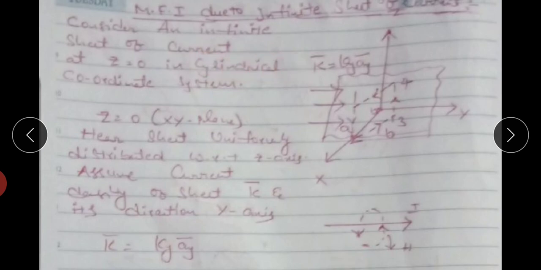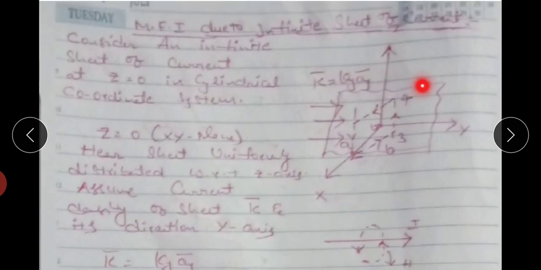So consider an infinite sheet of current at z equals 0. z equals 0 means the xy plane. So consider the infinite sheet of current in the xy plane at z equals 0. Assume the current density equals k bar, and the direction of current is the y-axis direction.